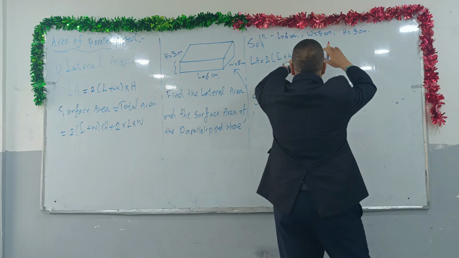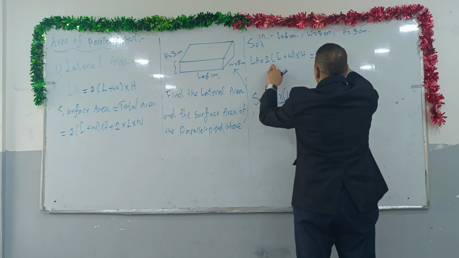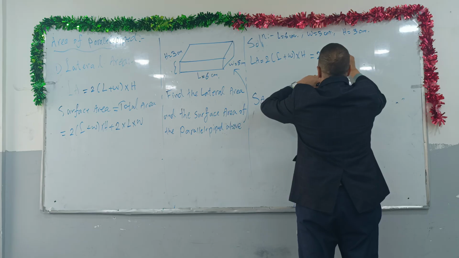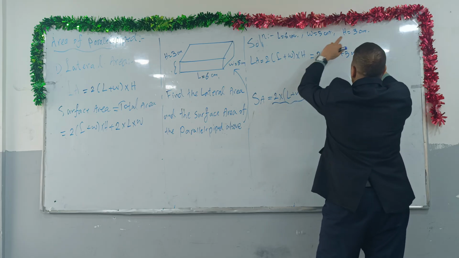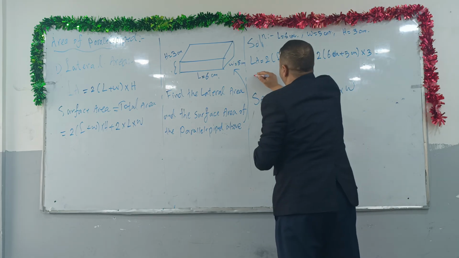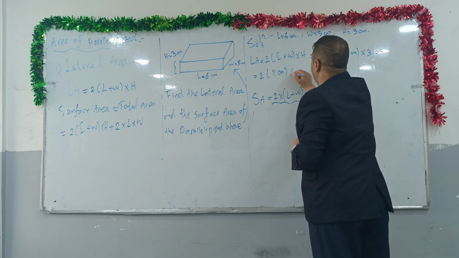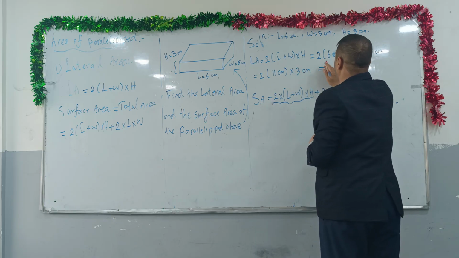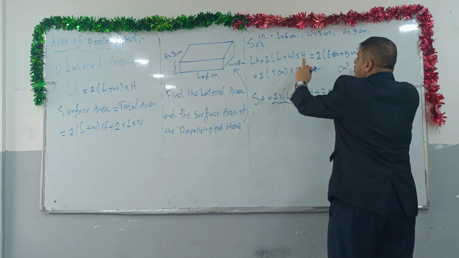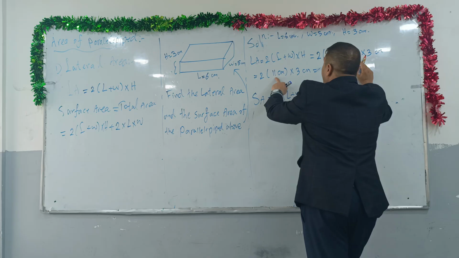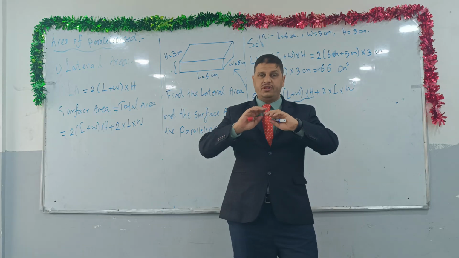I will substitute these values instead of the symbols: length 6 centimeters plus width 5 centimeters, all times height 3 centimeters, which equals 2 times 11 centimeters times 3 centimeters, which is centimeters squared. 3 times 2 is 6, 6 times 11 is 66 centimeters squared. I have got the lateral area.